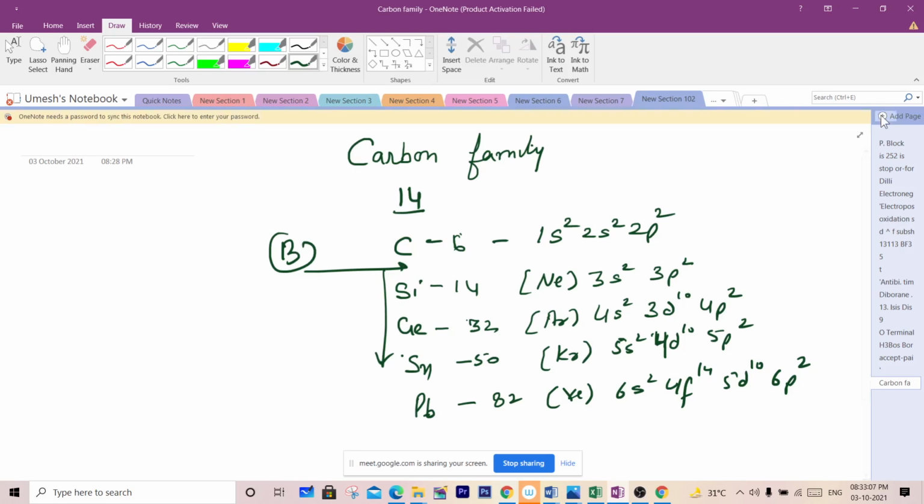Now, what about the oxidation number? How will the oxidation number vary?